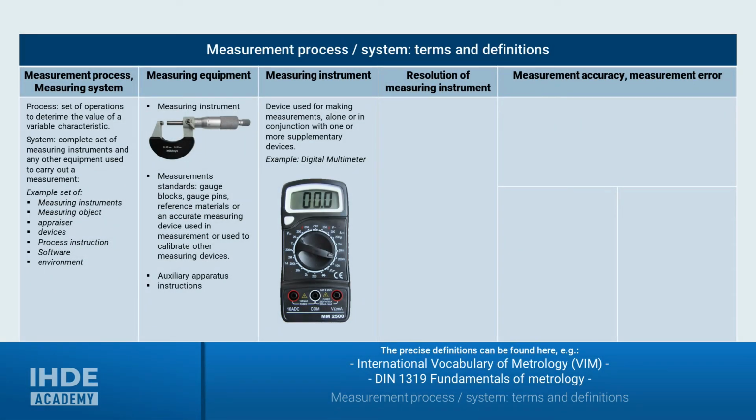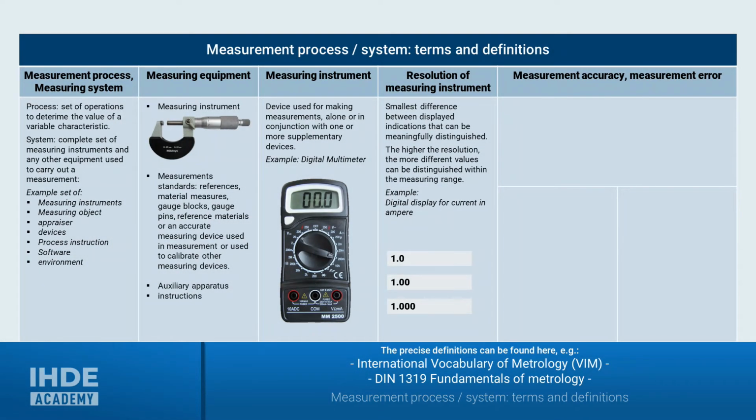As we just saw, the measuring instrument is only one part of the measuring or test equipment. A measuring instrument is a device used for making measurements alone or in conjunction with one or more supplementary devices. An example would be such a digital multimeter for measuring the electrical current, voltage, or resistance.